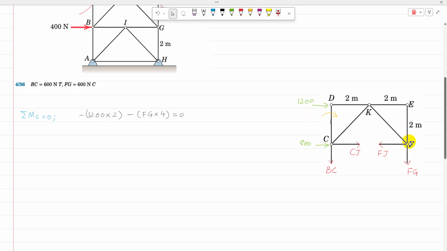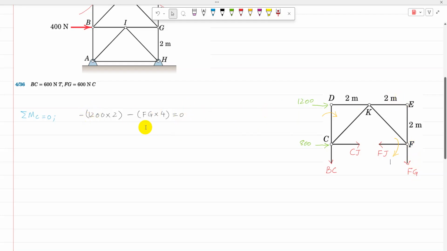That is the line of action of FG, and the perpendicular distance of FG from point C is 4 meter, and it is going to produce moment in clockwise direction. So I have 1200 times 2 negative, because I'm going to assume clockwise moment as negative, and the other one is FG times 4 equal to 0.